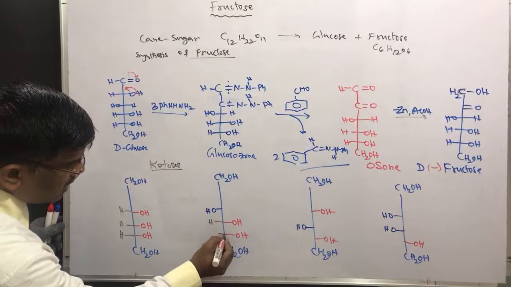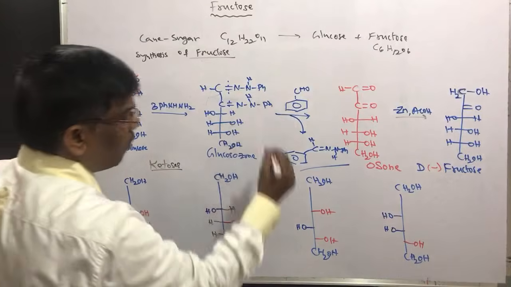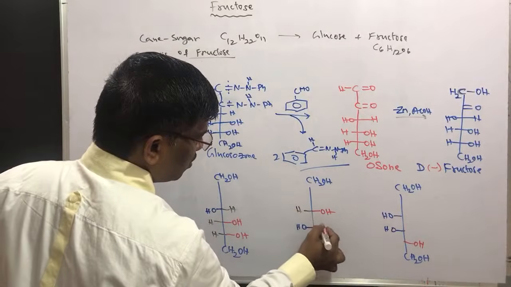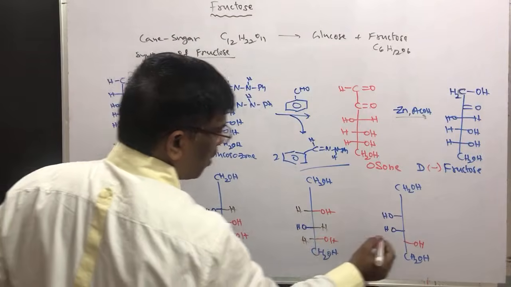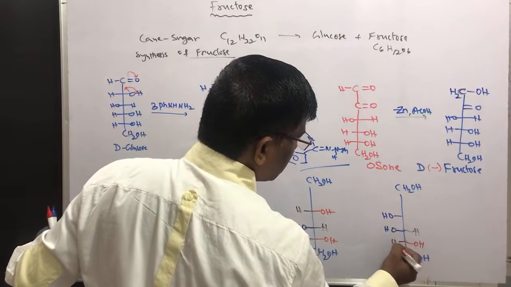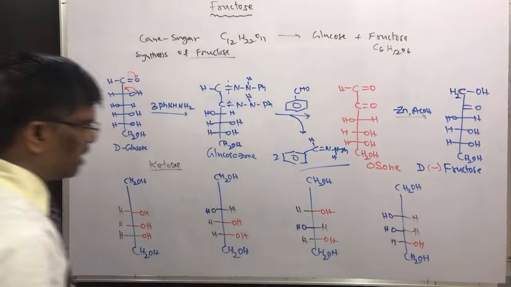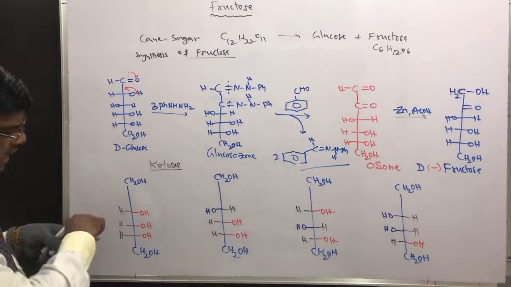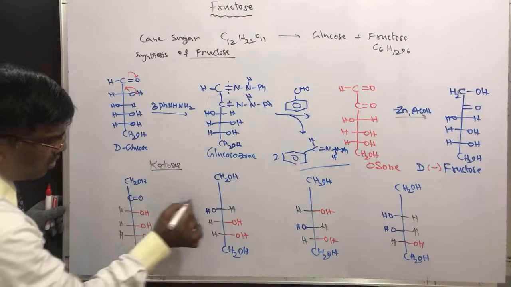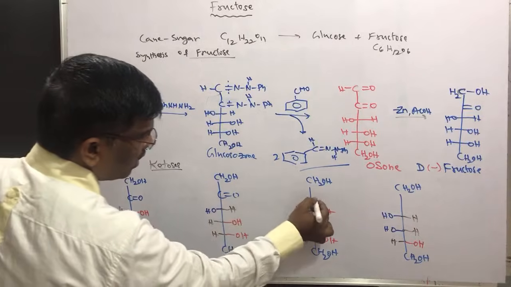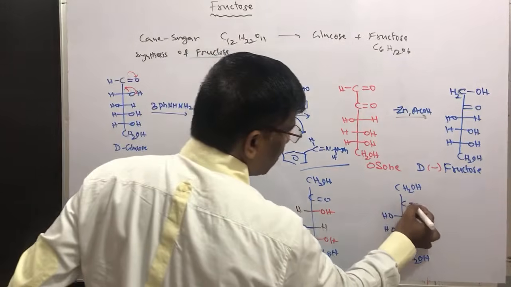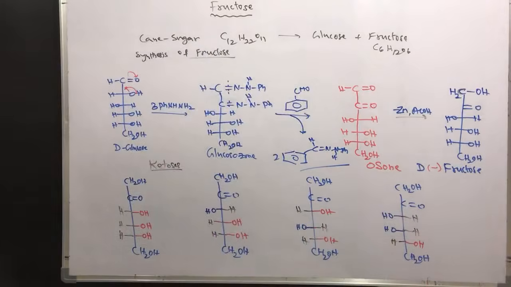So the sequence is osazone formation followed by benzaldehyde exchange, right? So what we are going to get here is a ketone. Here we have a ketone, here we have a ketone, here we have a ketone.